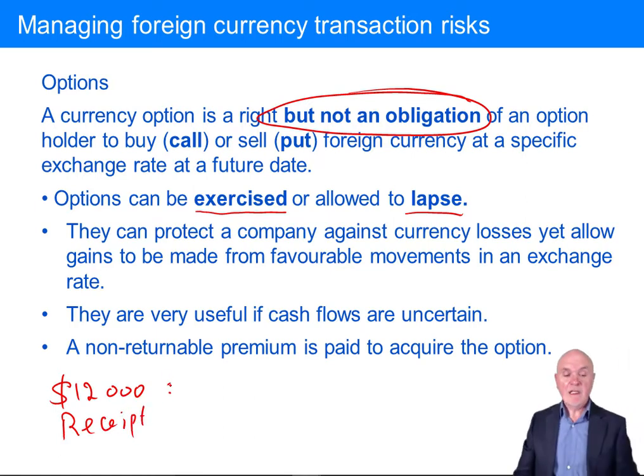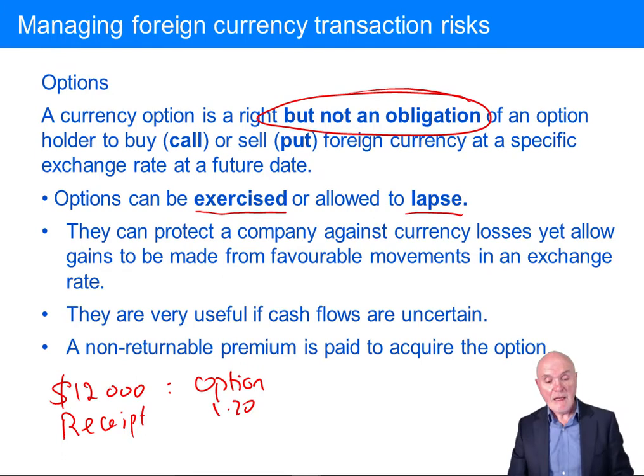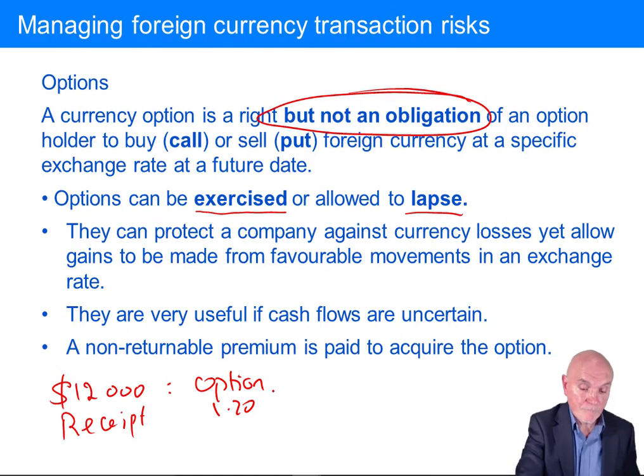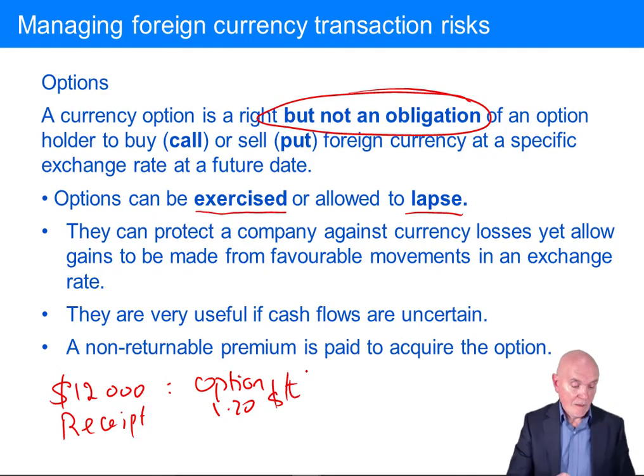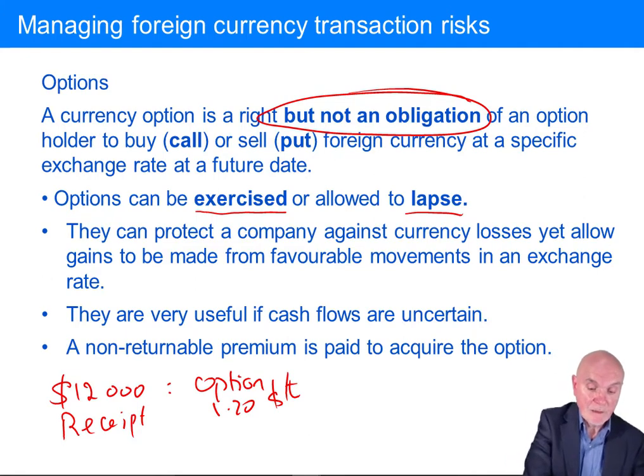And what we do is we take out an options contract to be able to change that, let's say, at 120. So if we exercise this option, 12,000 dollars divided by 120 is obviously going to be £10,000, isn't it? So this would allow us to get £10,000.